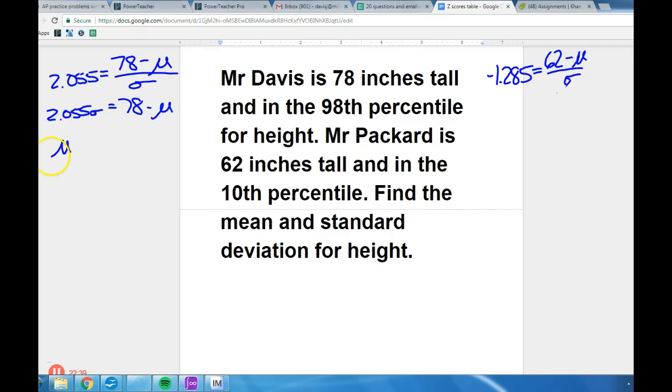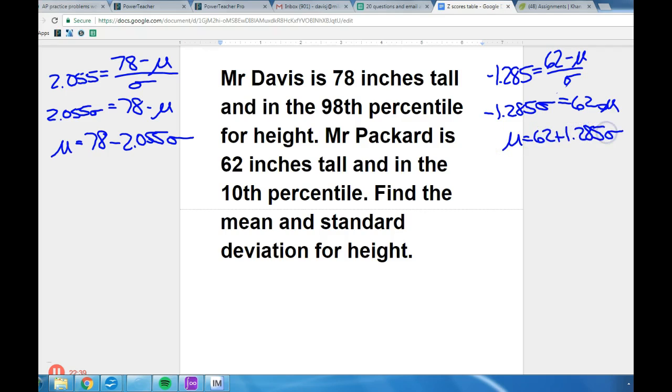Mu equals 78 minus 2.055 times standard deviation. And same thing over here: mu equals 62 plus 1.285 times standard deviation. All I'm doing is solving those equations for mu.